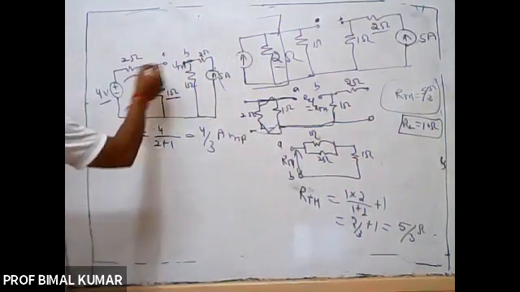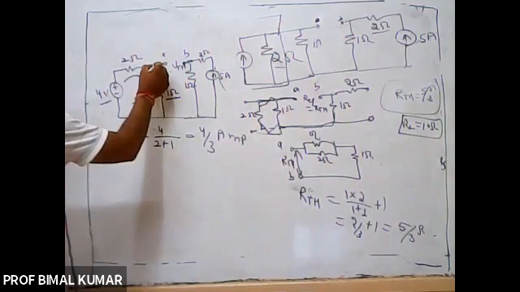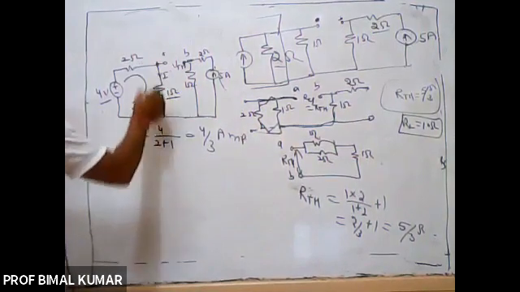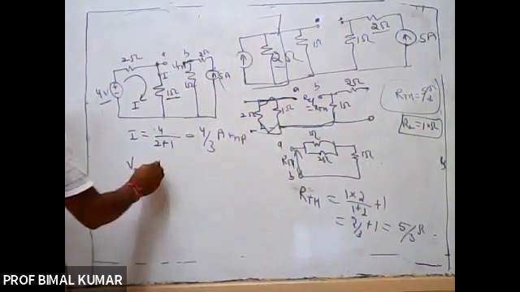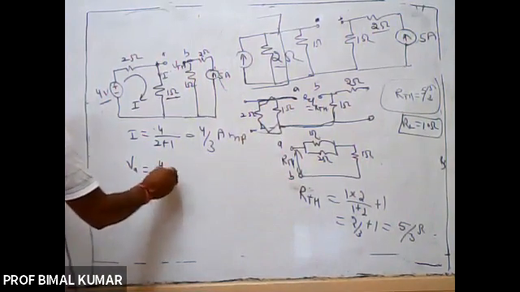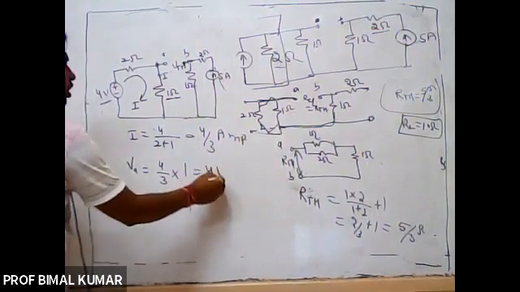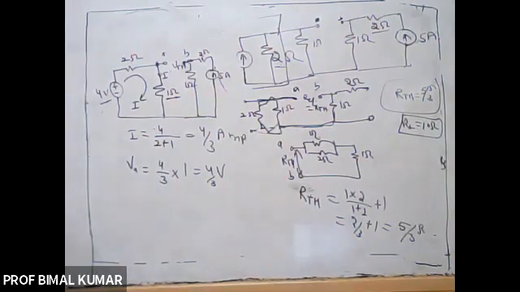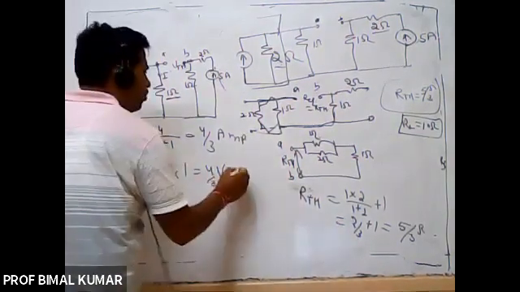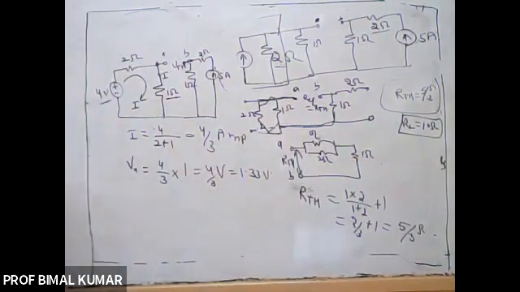Because here there is only one closed loop, current I is flowing. So VA, that is the voltage across this branch, is equal to 4 by 3 into 1. That will be 4 by 3 volt, which is about 1.33 volt. VA is equal to 1.33 volt.